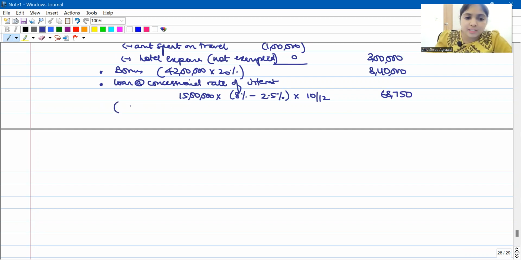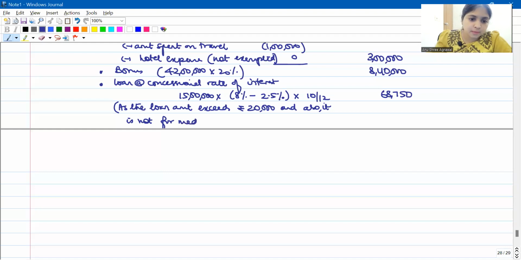68,750. In brackets, also write down as the loan amount exceeds rupees 20,000, and also it is not for medical treatment, comma, the perquisite is taxable.